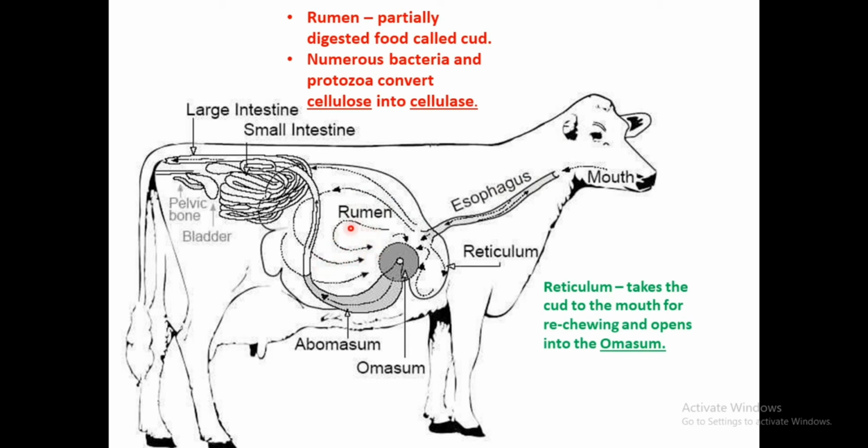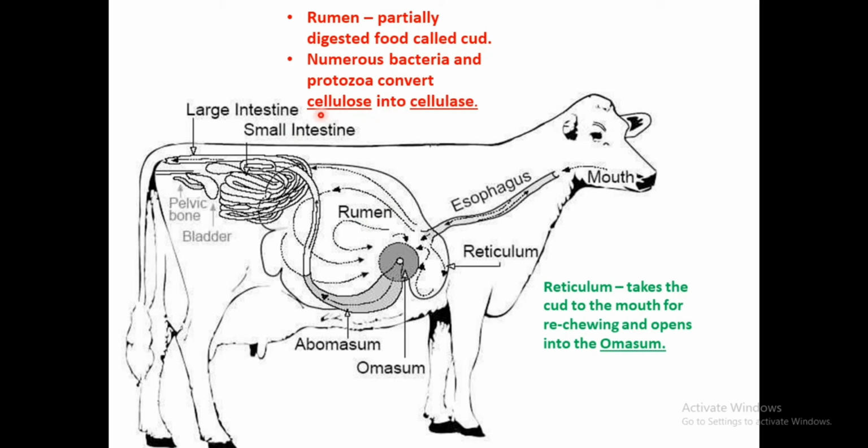What is so special about this rumen? The food is partially digested in the rumen, and from then onwards we call it a cud. There are numerous bacteria and protozoa which convert the cellulose in the plant food into cellulase.